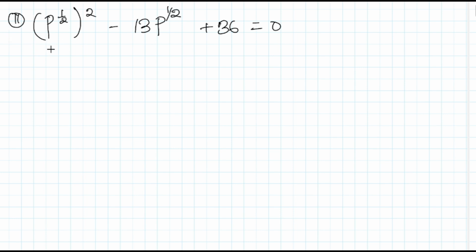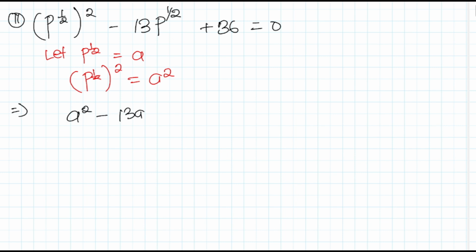So we just say let p raised to power half equal a, so that p raised to power half all raised to power 2 will be equal to a squared. Then we substitute, and we have a squared minus 13a plus 36 equals 0.